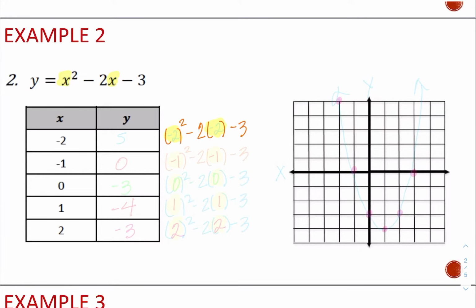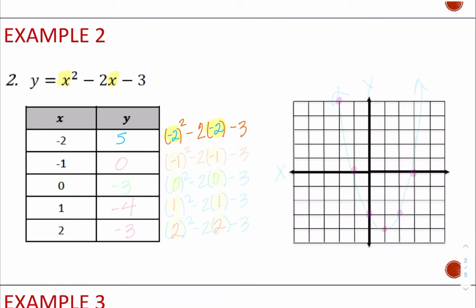And then inside of those parentheses for this very first set of ordered pairs, we're going to input negative 2. Negative 2. All right, so make sure that you take your time, that you input them in twice, whenever you see an x. And when you do that, you should get a corresponding y value of 5.